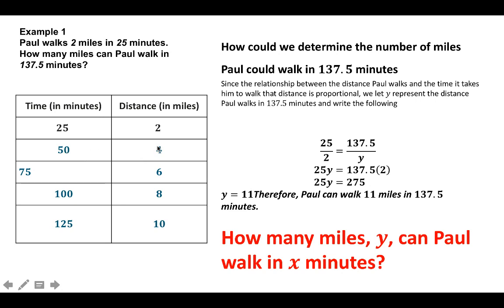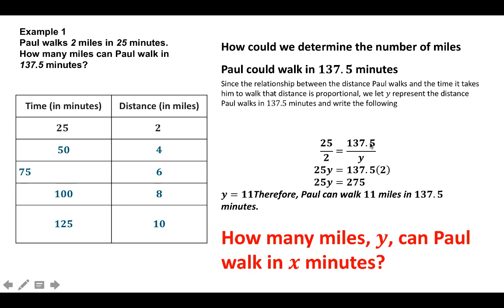If you see, 50 upon 4, if you bring it to shorter form, is 25 upon 2. 75 upon 6 is also 25 upon 2. So this proportion, 100 upon 8, is also 25 upon 2. So the ratio of the time and the distance, which is also the unitary method, is the same as 25 upon 2.